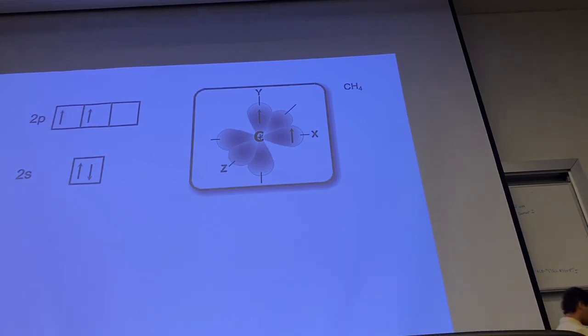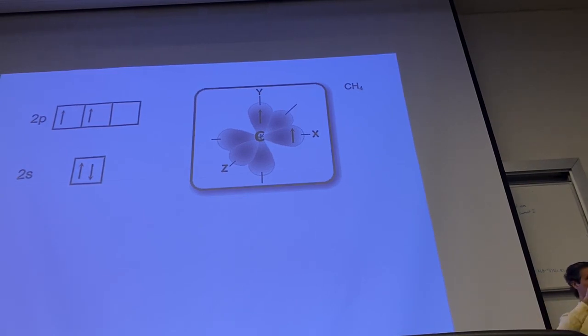The p orbitals are these lobes aligned along the axes. It's this orthogonal alignment of a dumbbell shape. One here, one there, and the other one orthogonal to it, right? So that's the picture. X, Y, and Z are arbitrary axes in a way, because I can rotate it, and it will still be the same. But for my purposes, I just choose a frame and lock them in that frame.